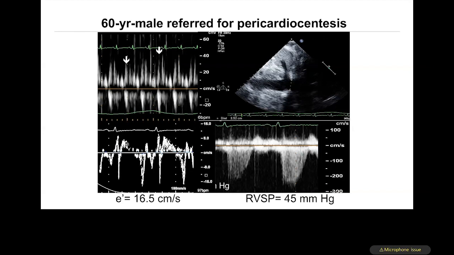In fact, we aborted the whole procedure and the diagnosis just changed because of all of these features, one after the other, starting from the septal bounce, transmitral flow velocities, dilated IVC, and also the mitral annular velocities, which are extremely high. In a patient with heart failure and normal LV function, these are all features consistent with constrictive pericarditis.